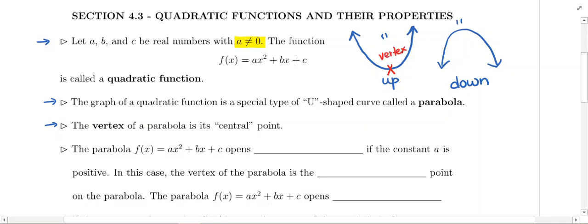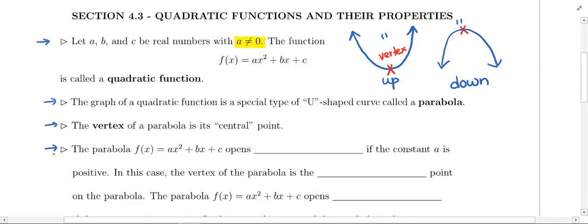That is the central point of the parabola. Basically think of it as the halfway point. If you look at the downward opening parabola, this is going to be the vertex right there. That's the central point of the parabola, kind of the halfway point if you were traveling along the parabola.